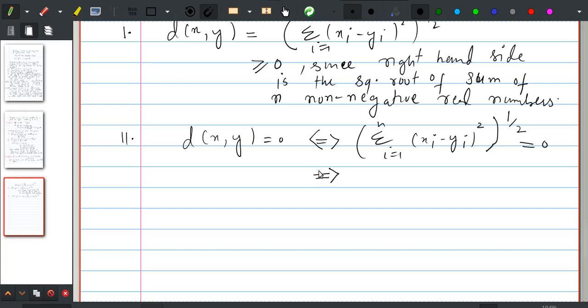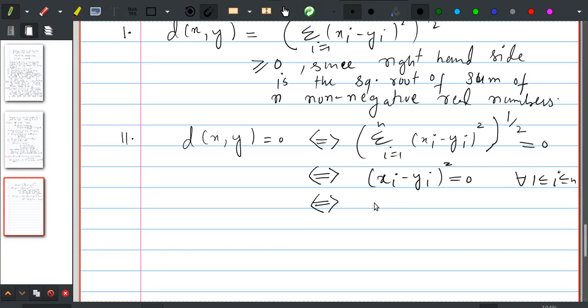That is if and only if (xi minus yi) squared is 0 for all 1 less than or equal to i less than or equal to n. This is if and only if xi is equal to yi for all 1 less than or equal to i less than or equal to n.